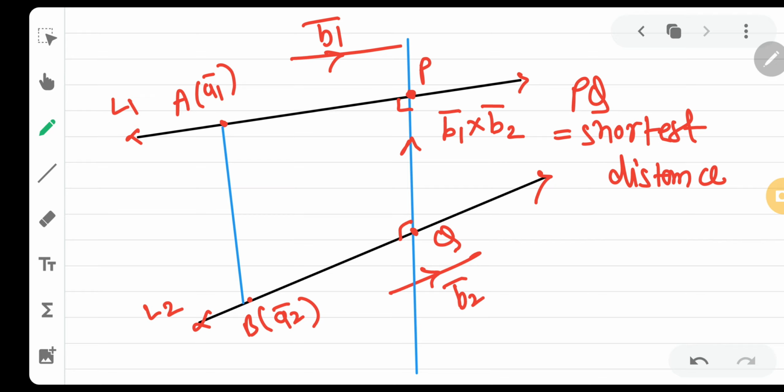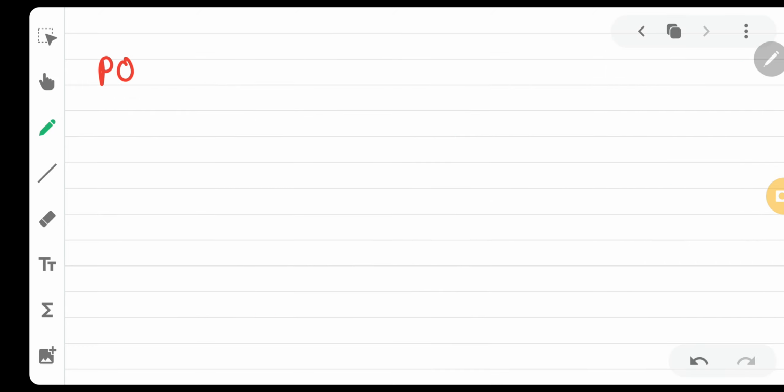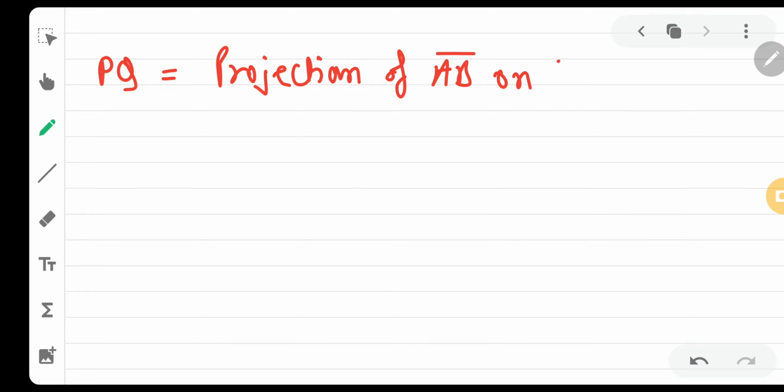But PQ is formed by the projection of AB on B1 bar cross B2 bar. That means PQ, which is my shortest distance, is actually the projection of AB bar on B1 bar cross B2 bar. And we know the formula for projection already, right?